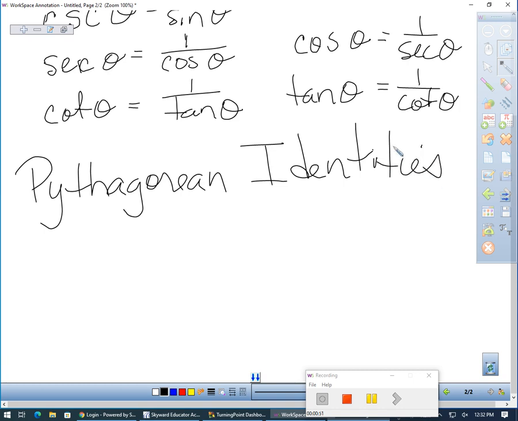All right, the Pythagorean identities are true every single time you use anything. So for example, anytime I have sine squared theta plus cosine squared theta, it'll always equal 1.